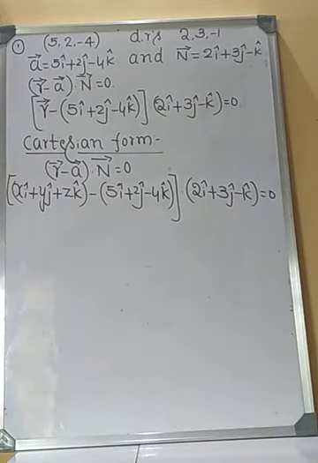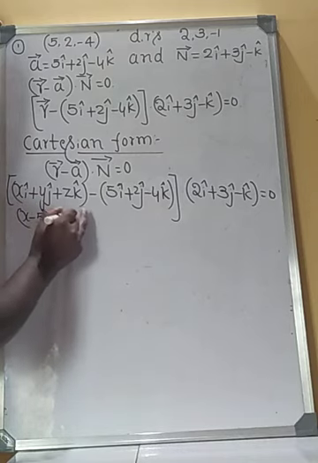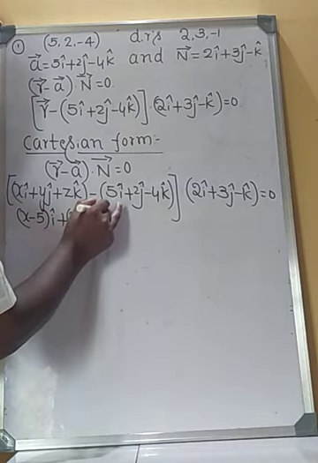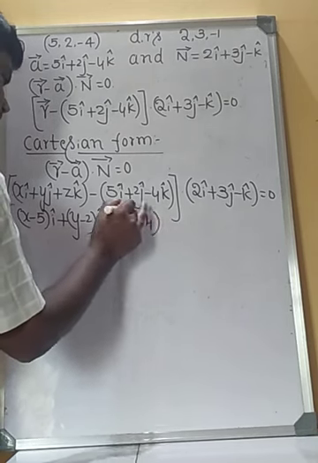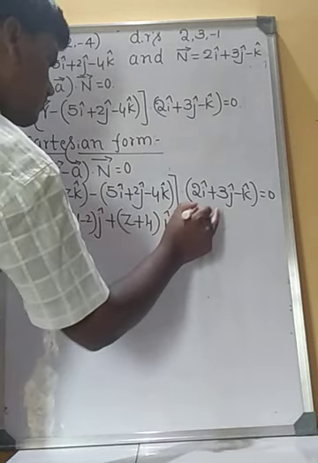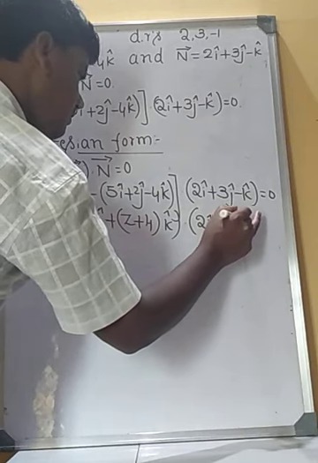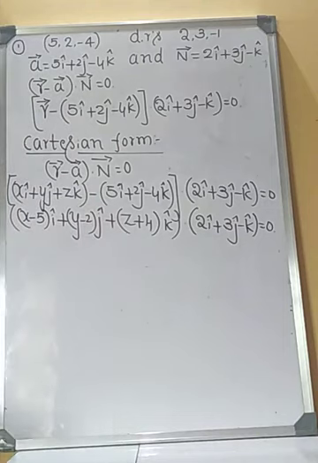The next, here (x minus 5) i plus (y minus 2) j plus (z plus 4) k, dot 2i plus 3j minus k, equal to 0.